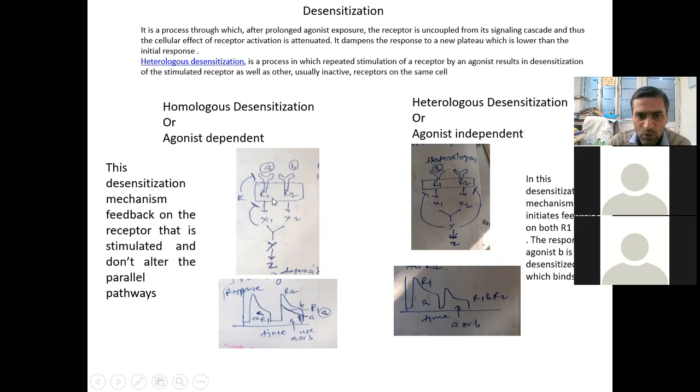So now you see, suppose this is the cell surface where there are two receptors R1 and R2. R1 is stimulated by ligand A, R2 is stimulated by ligand B. This stimulation results in the production of a compound, X1 here and X2 there. When X1 and X2 are formed, they combine together and result in the formation of Y, followed by formation of Z. This is a typical cascade which is activated by the activation of these two receptors.